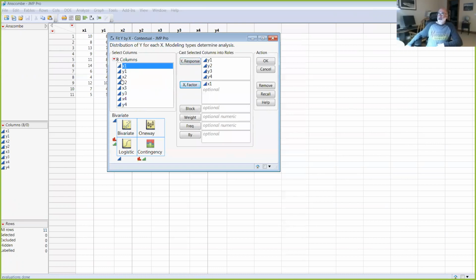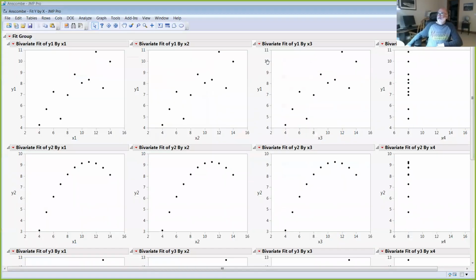I'm not sure I ever tried this before, so I may get more graphs than I want. Let's just see if it works. Y1 by x1. Okay, we don't want y1 by x2.